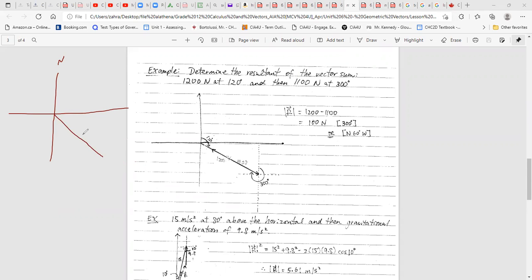So from here to here is 120. And then the next vector, because it said the vector sum, is 1,100 Newtons at 300.